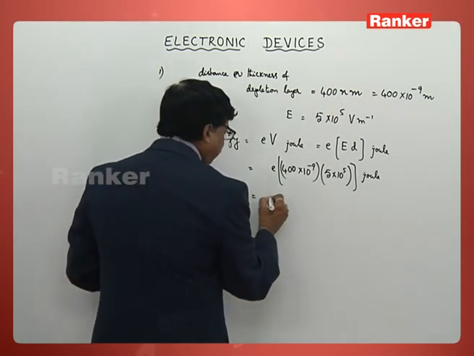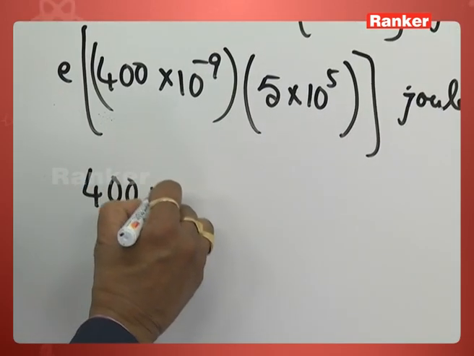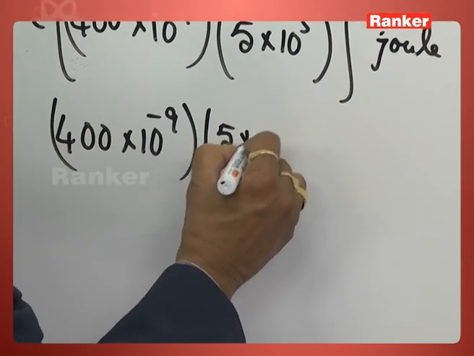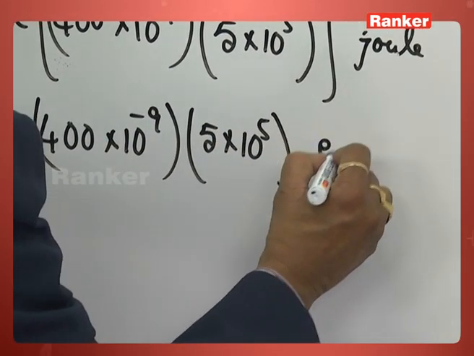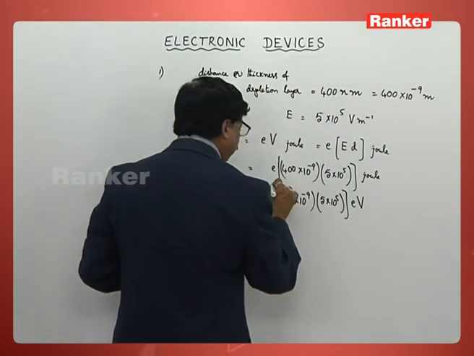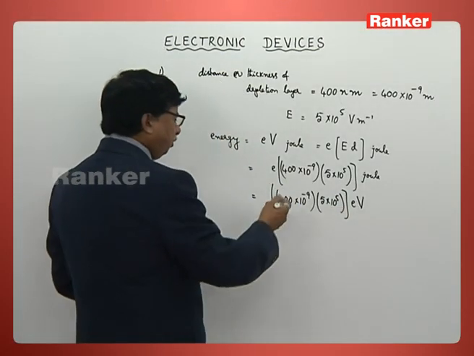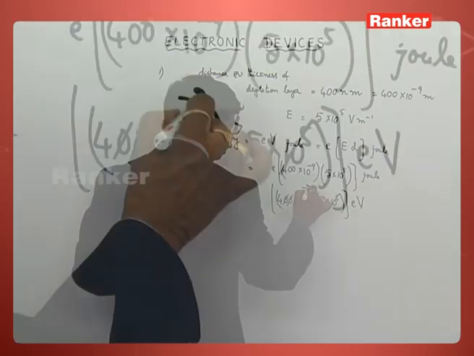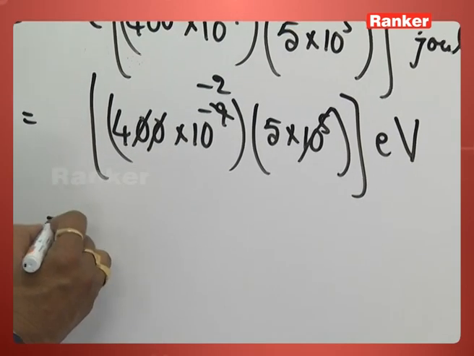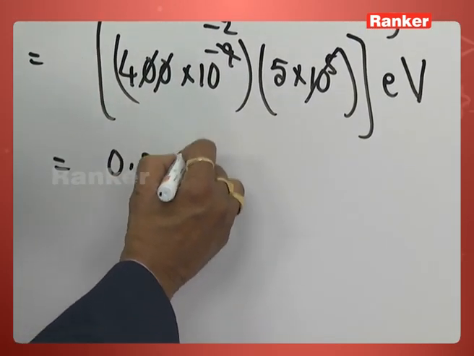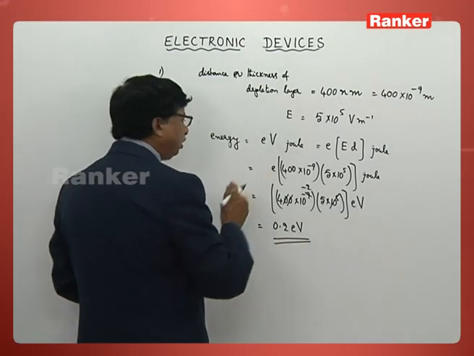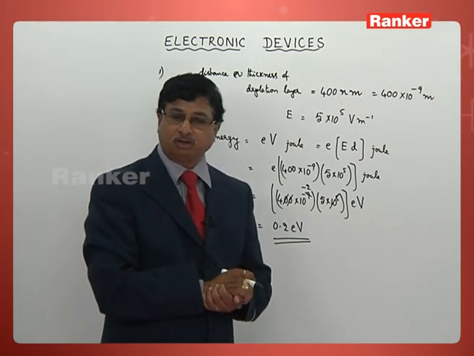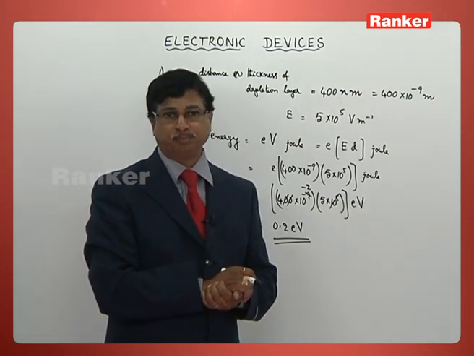Therefore, we can rewrite the same this way: 400 into 10 power minus 9 into 5 into 10 to the power 5 electron volt. Directly you can write it. So simplify this now: 10 power 5, 10 power 6, 10 power 7. Now this becomes 10 power minus 2. So overall you will get 0.2 electron volt. That now must be the corresponding energy of that diffused electron across that depletion region.